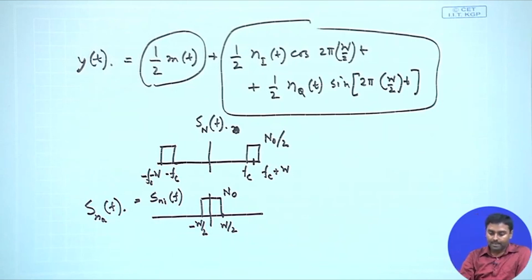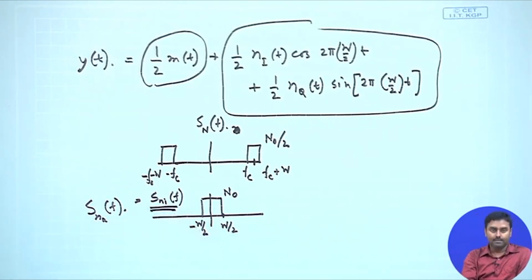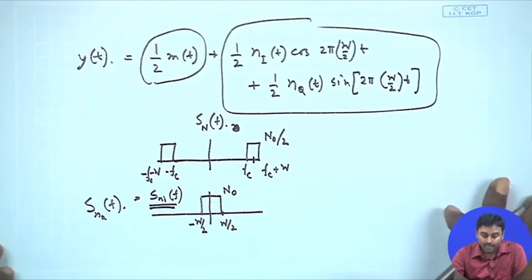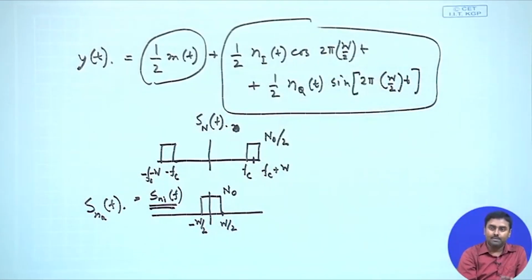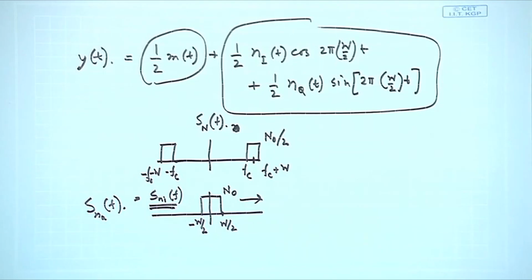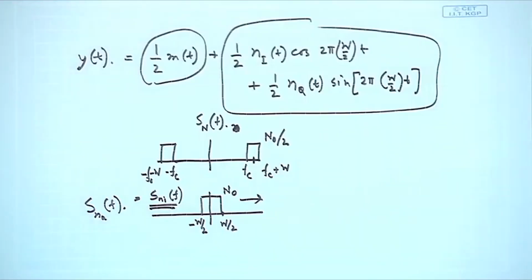Okay. Now, let us just consider this one. Now, NIT is getting a modulated term. So, I will have to first get a modulation term on this. How much modulation? W by 2.